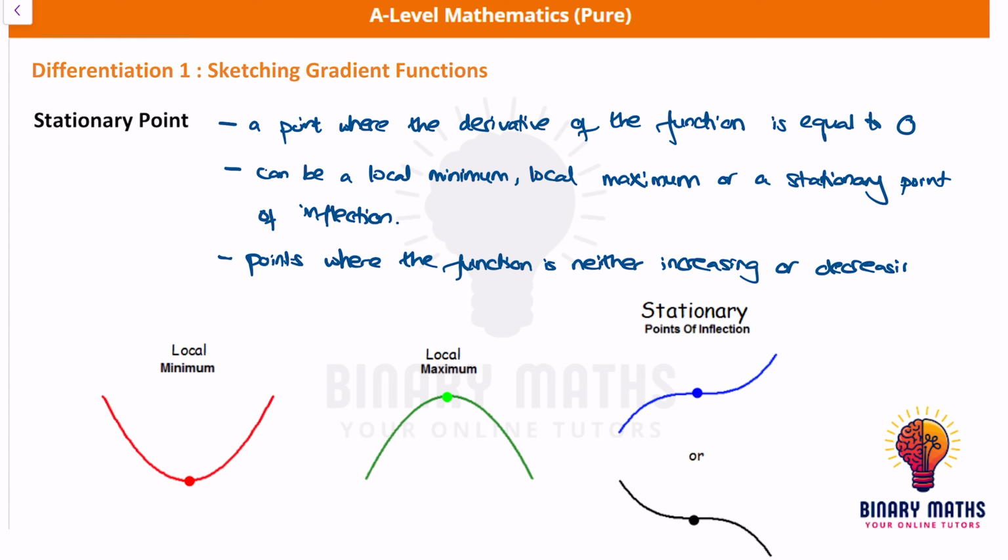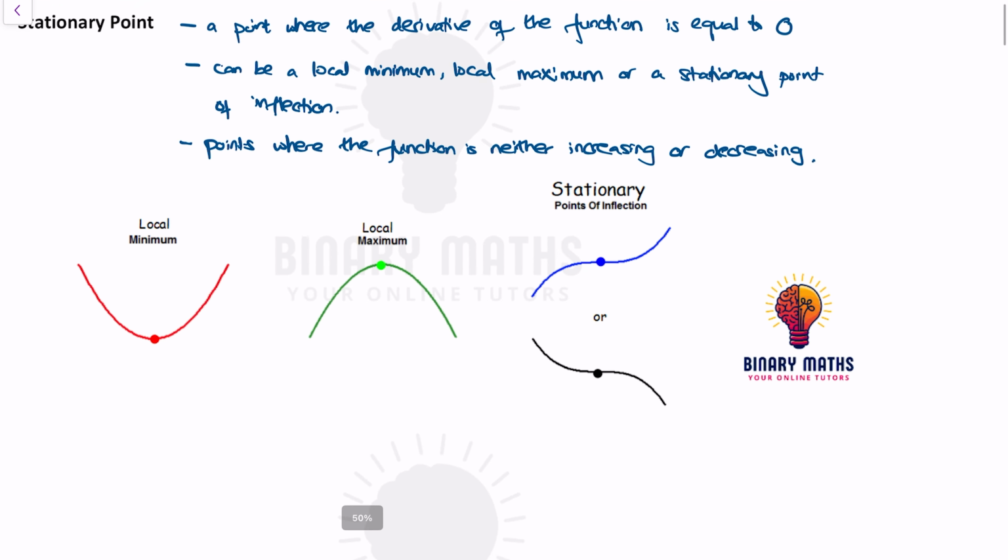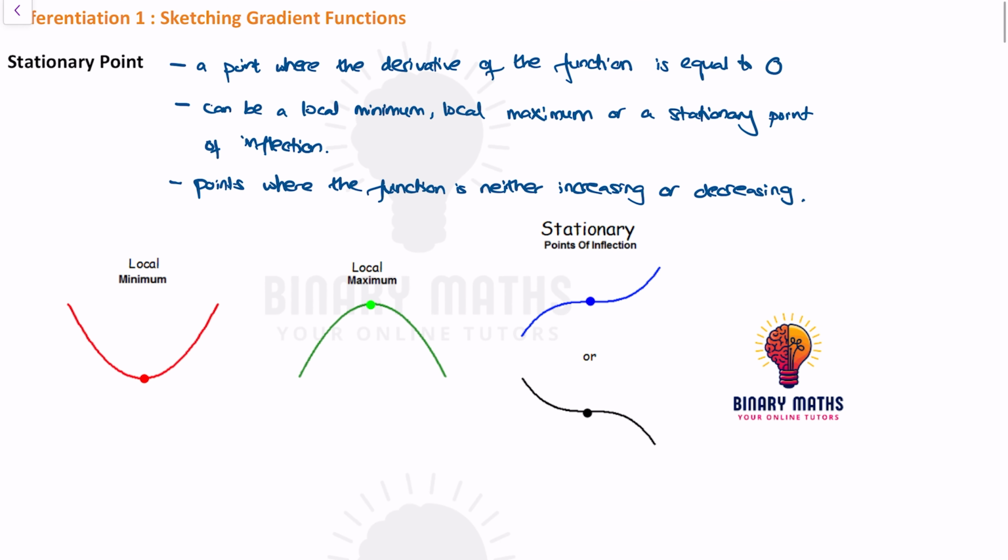So let's look at the three different cases you can have for a stationary point. You can have a stationary point here, which is a local minimum. Now, if you look at the gradient at the minimum point, it is 0. Before the local minimum, if you draw a tangent to the curve, it's negative. And after the local minimum, it's positive.